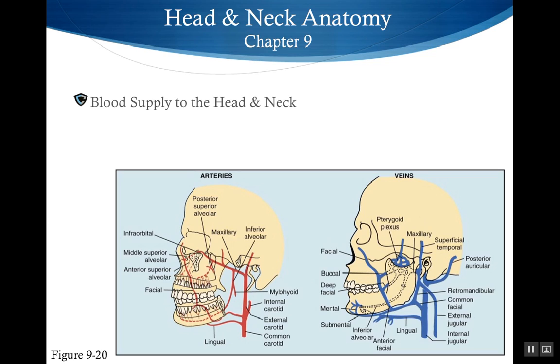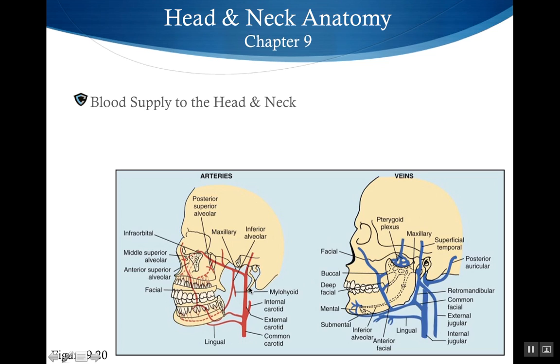The external carotid also branches again to form two terminal branches. So we followed that common carotid, the external carotid, we had the facial, the lingual, and then it continues on to two terminal branches. Those two terminal branches are the superficial temporal artery, which you see right here, and then the maxillary artery, which continues here.